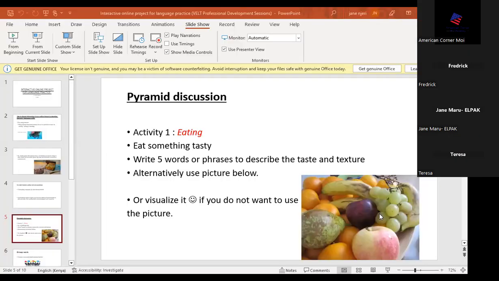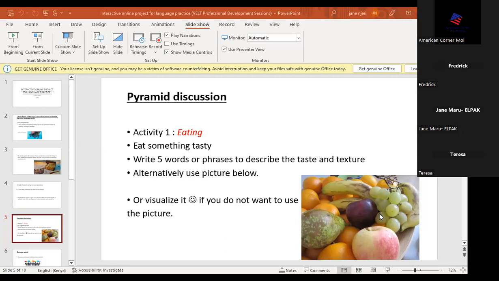Then, in case you are not able to do that, I would like you to look at this picture here. I hope you're able to see my screen. Yes. It's a picture of a bowl of fruits. There's an apple, there are bananas, there's a pear, there are oranges. You can decide to pick one fruit there.